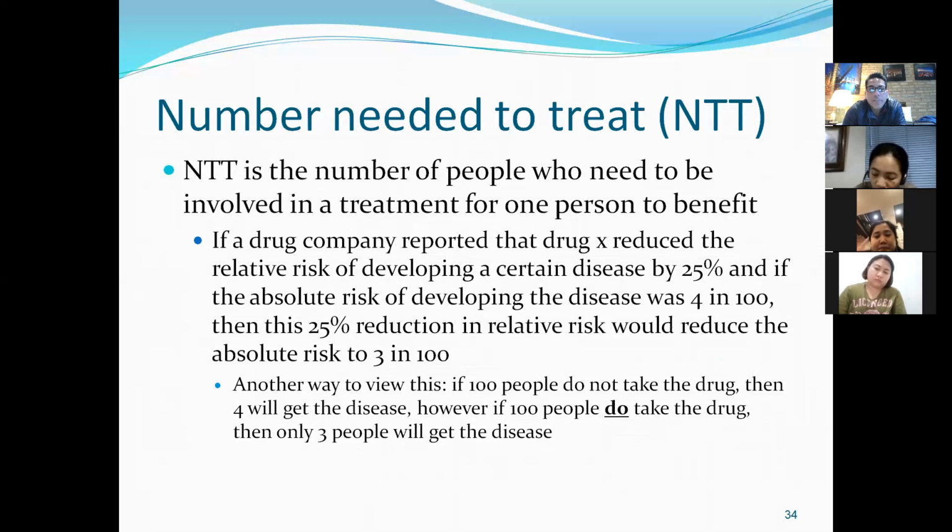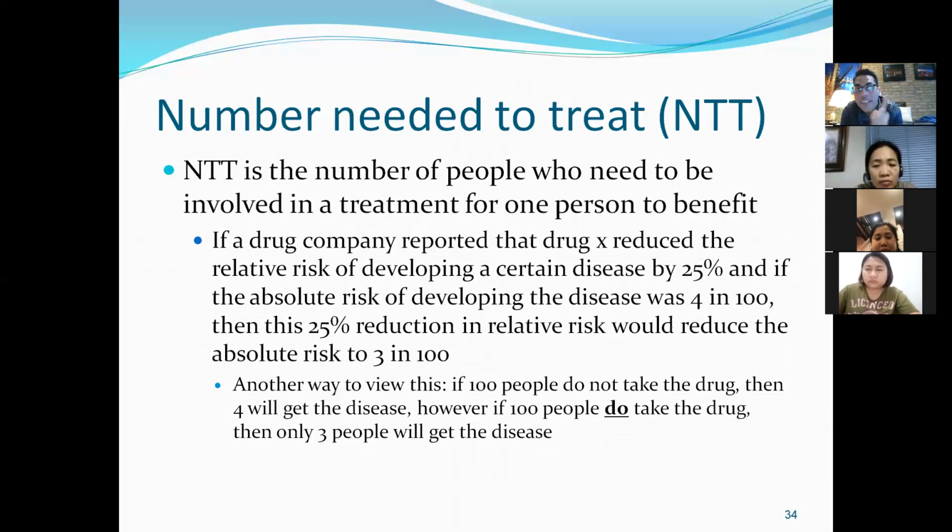So here, what we have given as an example is if a drug company reported that drug X reduced the relative risk of developing a certain disease by 25%, and if the absolute risk of developing the disease was 4 in 100, then this 25% reduction in relative risk would reduce the absolute risk to 3 in 100. Another way to view this is that if 100 people do not take the drug, then 4 will get the disease.